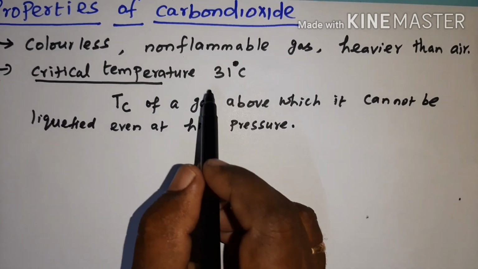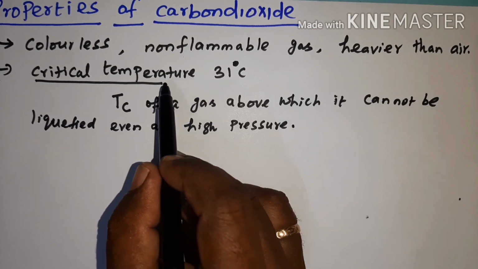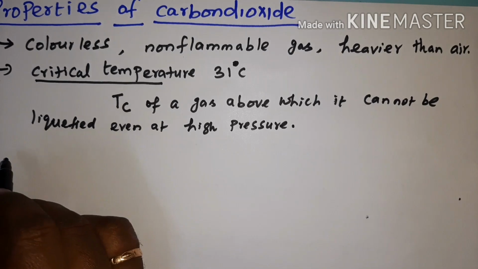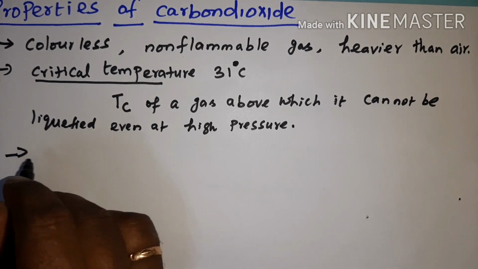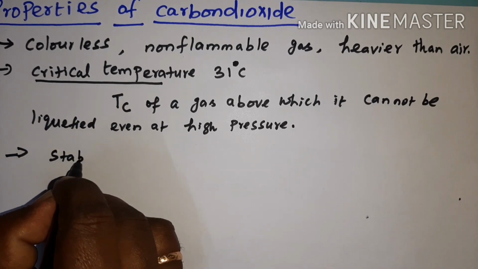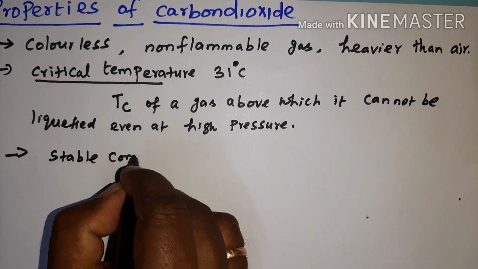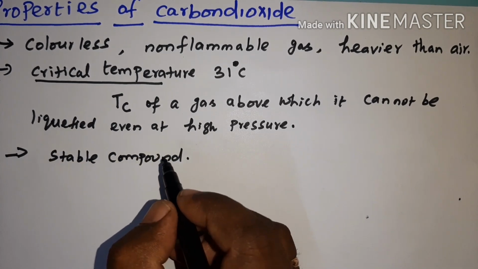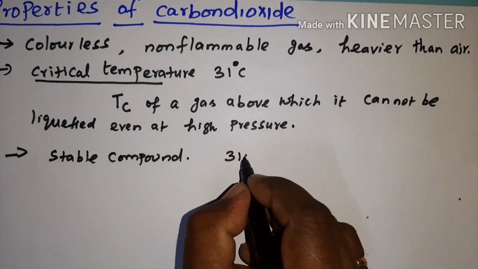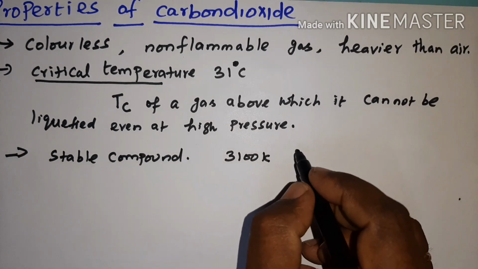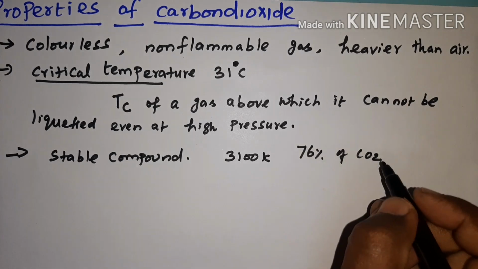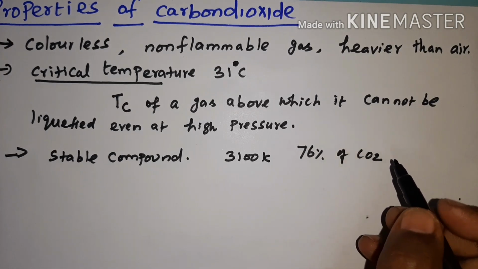I think this critical temperature and these terms you studied in class 11. Next property, it is a very stable compound. Even at 3100 Kelvin, only 76% of CO2 decomposes.